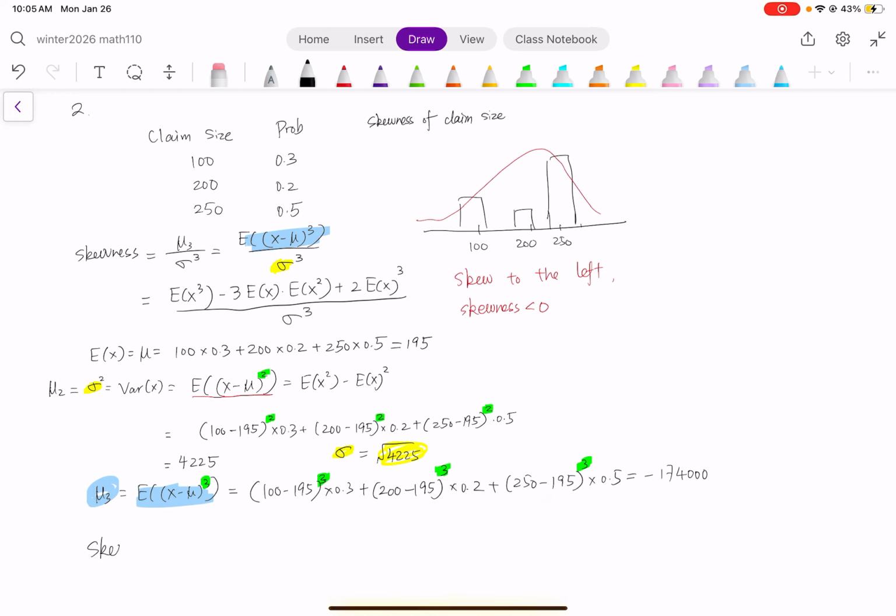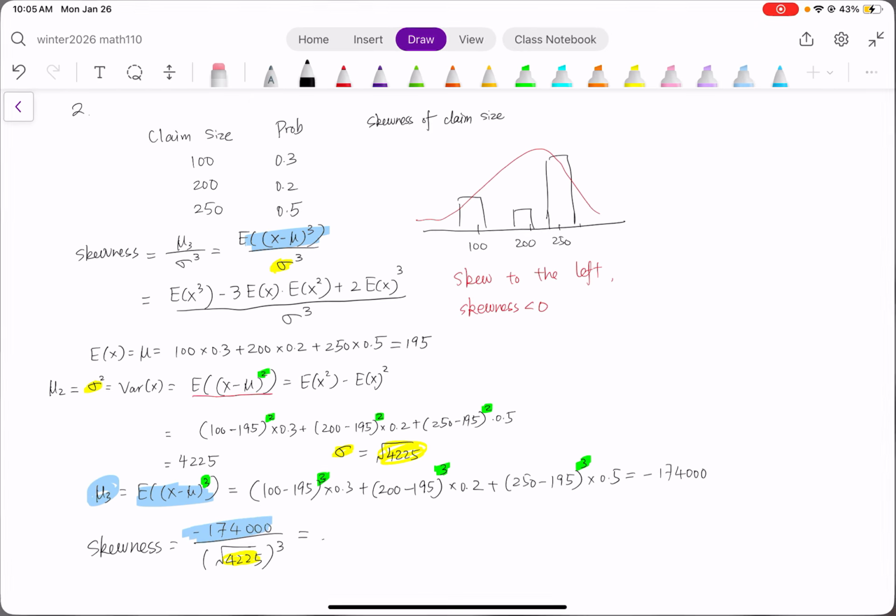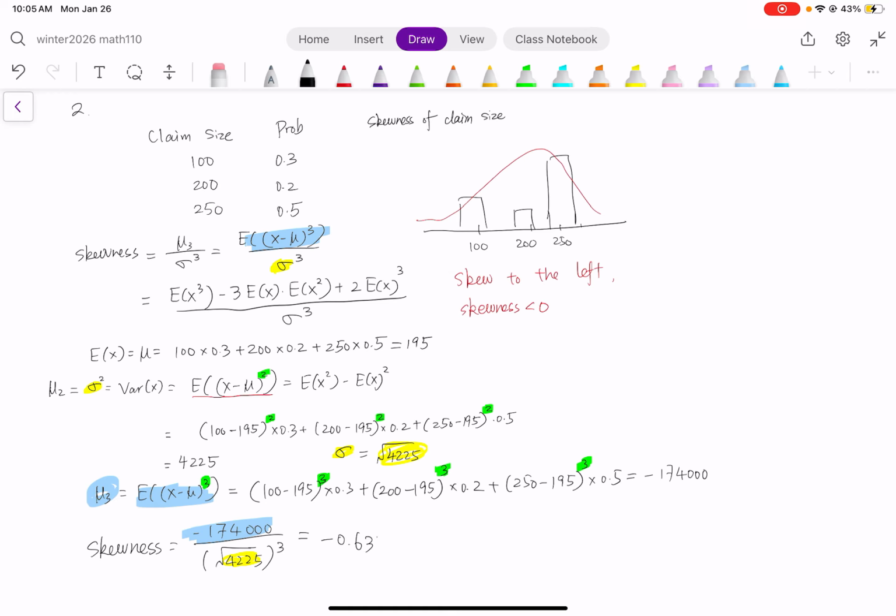So the skewness is equal to negative 174,000 over the square root of 4225, remembering to raise this to the power of 3. This is your standard deviation, and this is your third central moment, and you end up with negative 0.6336, and we were expecting a negative skewness.